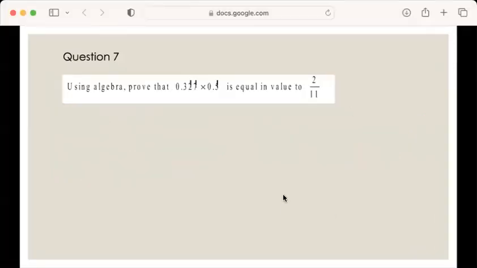Let's go to, right, look at question number 7. Using algebra, prove that 0.327 times 0.5 is equal to 2 over 11, right? 0.327 times 0.5 equals this fraction.